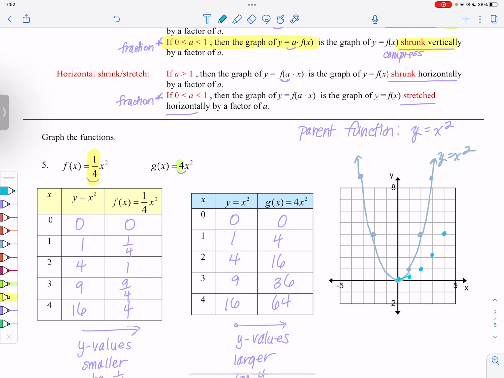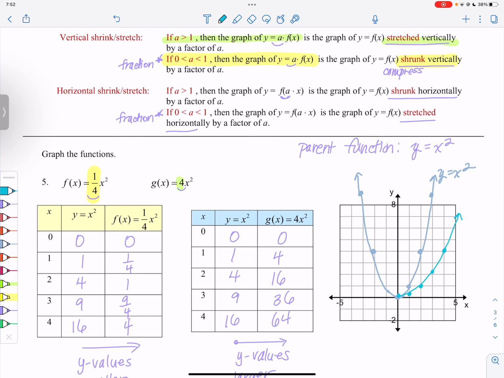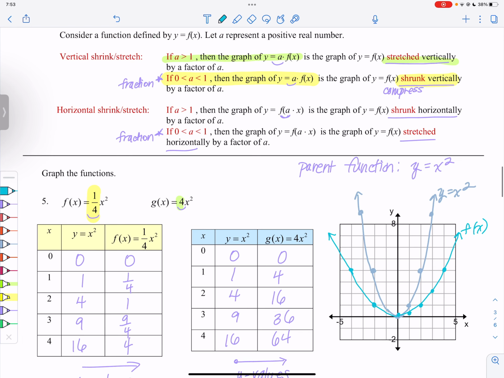So you can really see that shrink, that compression. And then we could always put a few of those points over here because it's going to be symmetric. And you can kind of see that. And this is f of x. And so that's definitely a vertical compression or a vertical shrink.